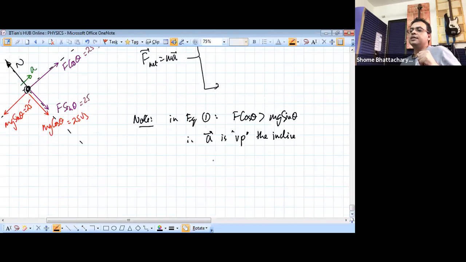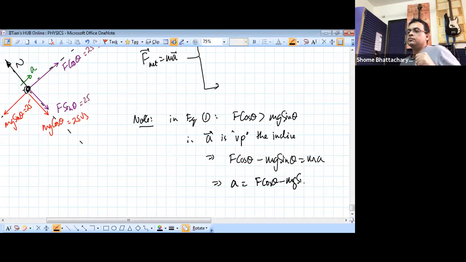When we write the net force up the inclined plane, we should write f cos theta minus mg sin theta is equal to ma. This will give us a as this. But this will give us a with what direction? The direction of a up the inclined plane. This will get the positive sign.